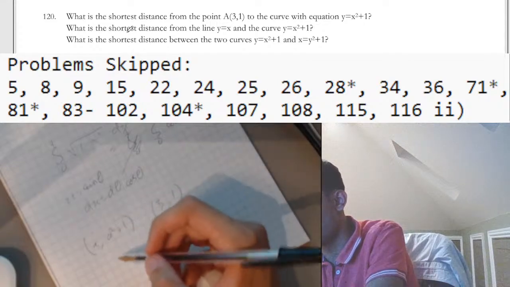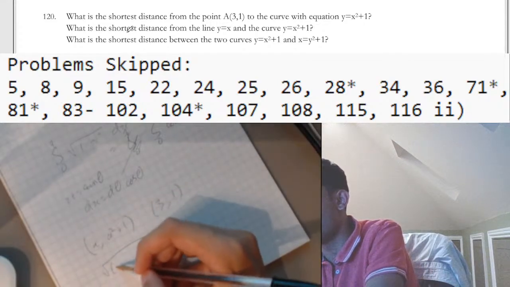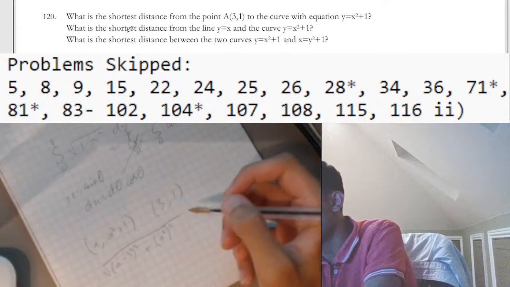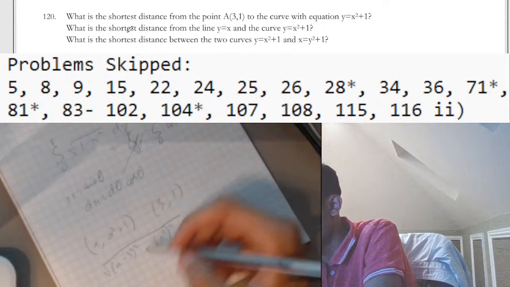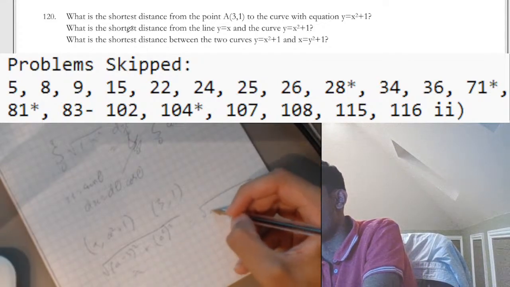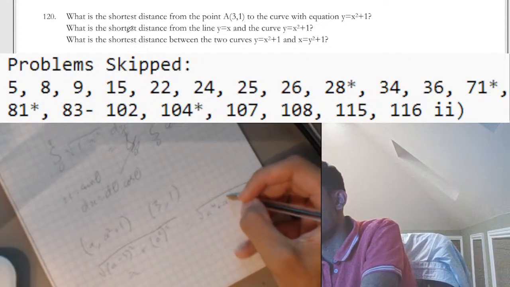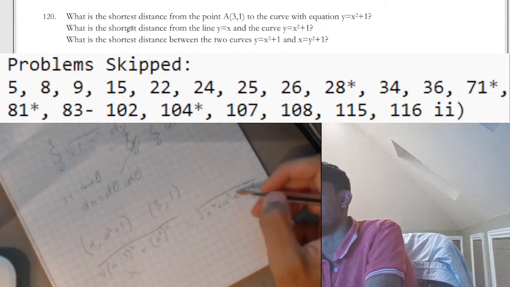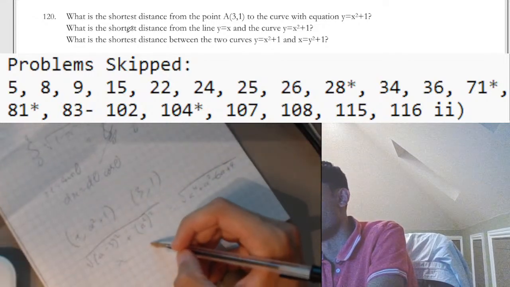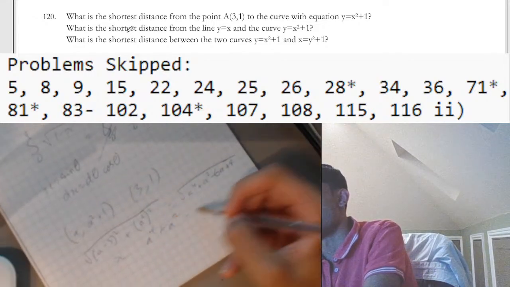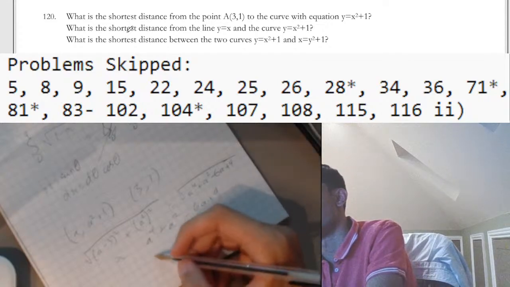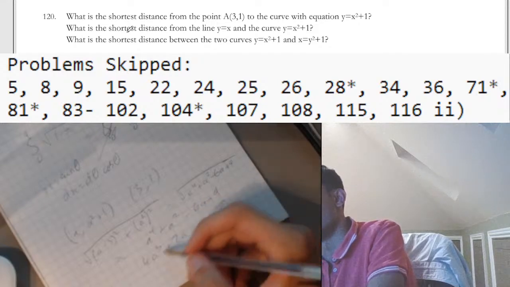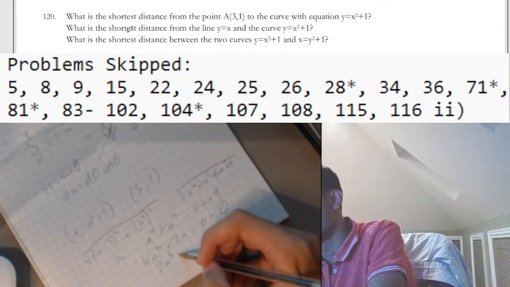So the distance is the square root of a minus 3 squared plus a squared squared, which is the square root of a to the 4 plus a squared minus 6a plus 9. You want to minimize the thing in the square root, so you differentiate and set to 0. So you have 4a cubed plus 2a minus 6 is 0. So divide by 2.